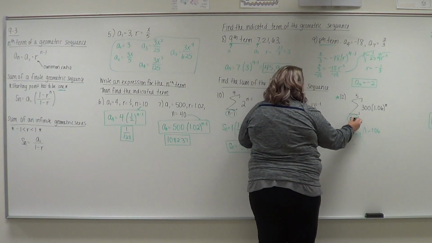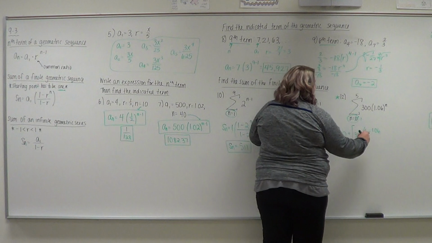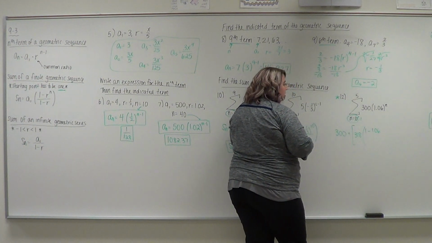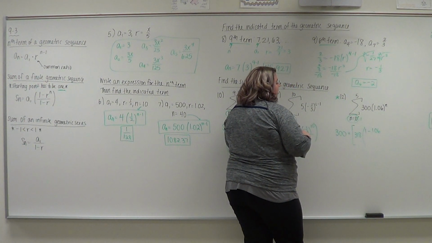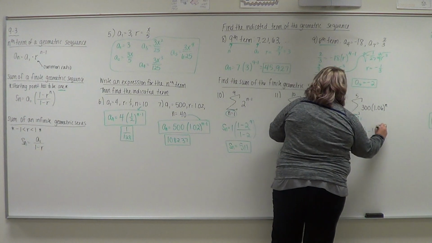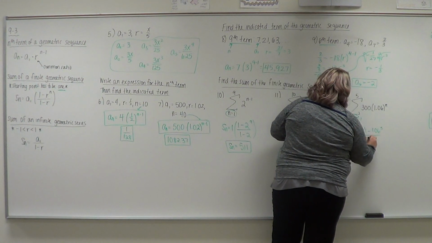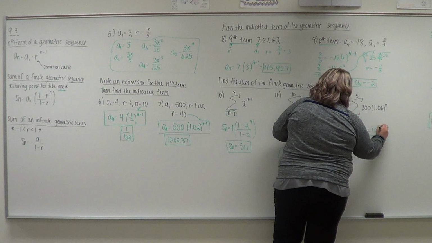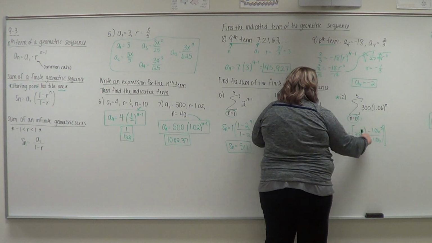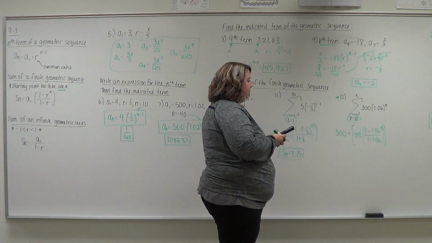This now became a 1, because we already took off the 0 term. So 5 minus 1, 4, plus 1 would be 5, over 1 minus 1.06. After you find out what this is, we're just going to add 300 to it.